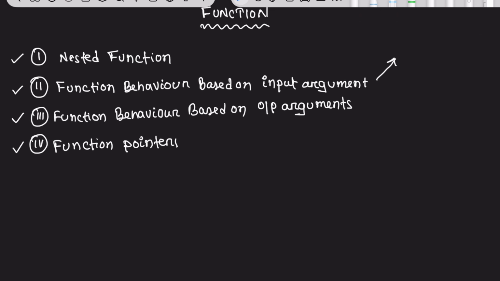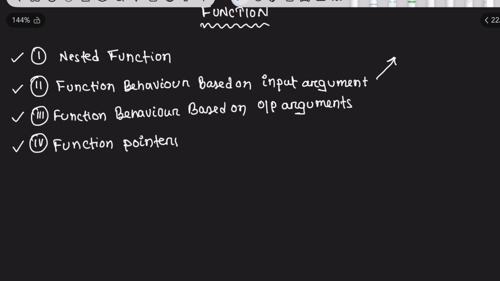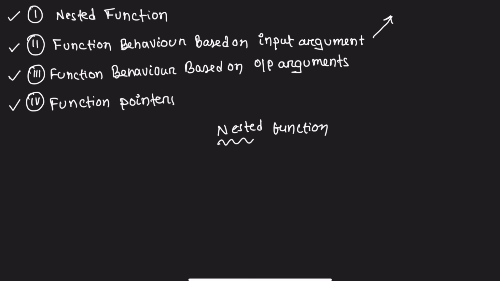So in this video, we will be having a look into what basically a nested function is. Suppose I have a function which performs some task. In this case, suppose this is the function.